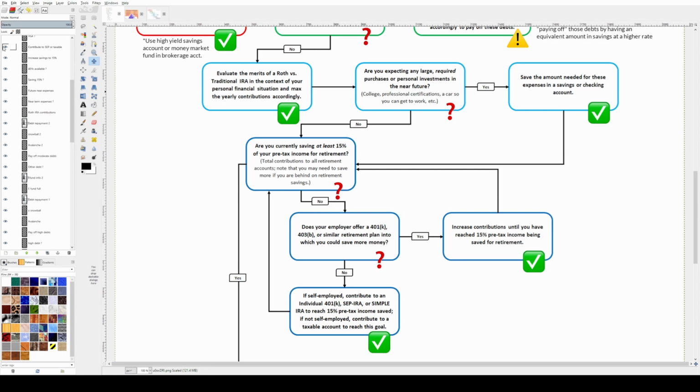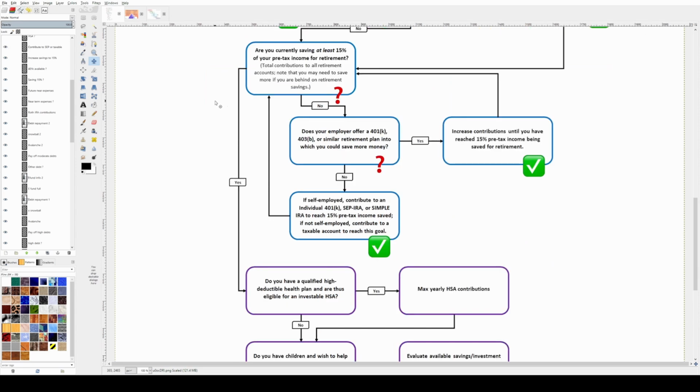Now, if you don't have a 401k through your employer or you're self-employed, for example, there are other tax-advantaged retirement accounts you can use, like the individual 401k, the SEP IRA or simple IRA, but it's perfectly fine as well to just simply use a normal individual taxable brokerage account to meet this requirement. The main thing is you want to be saving at least 15%. And this is sort of an arbitrary number, but the bigger, the better. And we'll get into it a bit later in step 6, where you can actually save much more. But as a baseline, I think this is a fair rule.